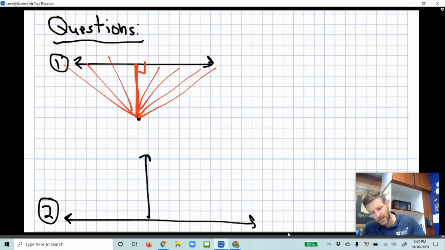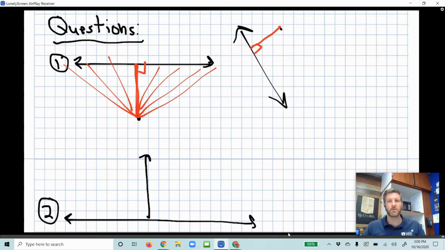Let me just draw another example of this. Take any line and then put a point out there. The shortest distance between that point and the line is always going to be a line that goes perpendicular to the line.